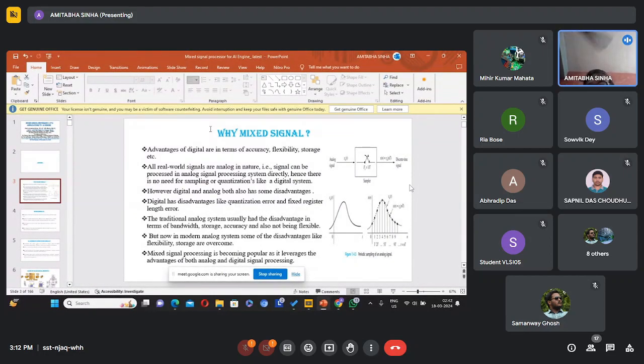And quantization means some error will be there, which is known as the quantization error. And also the finite register length error. Because when any analog signal is converted to digital, it will be stored in some register, and the register size is finite. It could be 8-bit or 16-bit. It cannot be infinite. So there must be some limitation of accuracy.